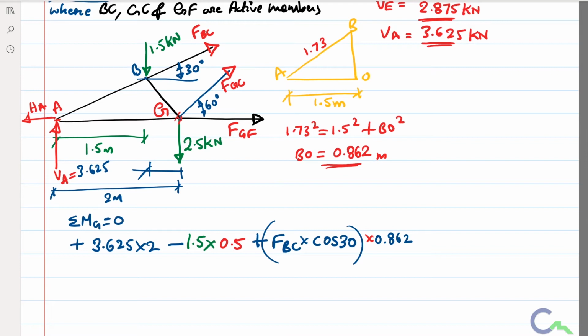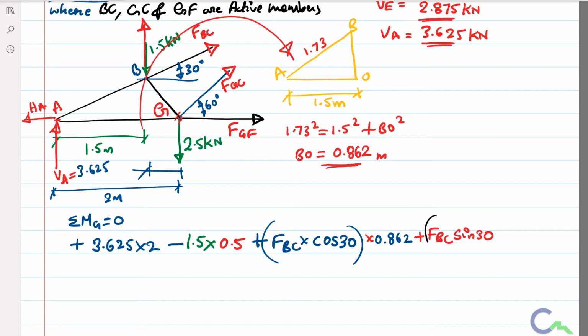So after resolving FBC in horizontal direction, I am going to resolve FBC in vertical direction. If I resolve FBC in vertical direction, it is going to move upward. Therefore if I apply FBC like this, it is going to rotate point G in clockwise direction. Therefore plus FBC component is sine, because the angle is given with respect to horizontal.